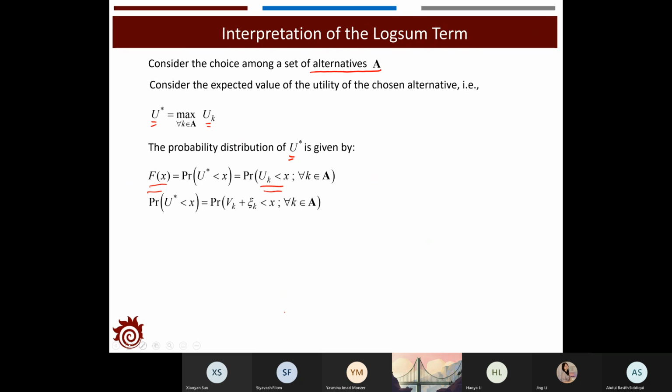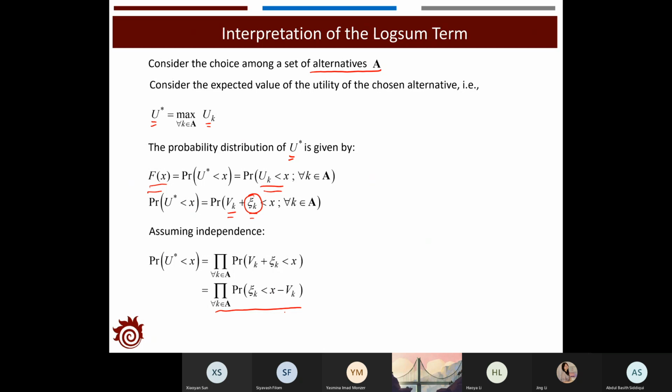And we know that the utility is a function of the deterministic components and the random components. The random components are assumed to follow the Gumbel distribution. Also, we know that all these random terms are independent of each other. So this probability will be the product of the probabilities for each random term being smaller than X minus Vk for each alternative.